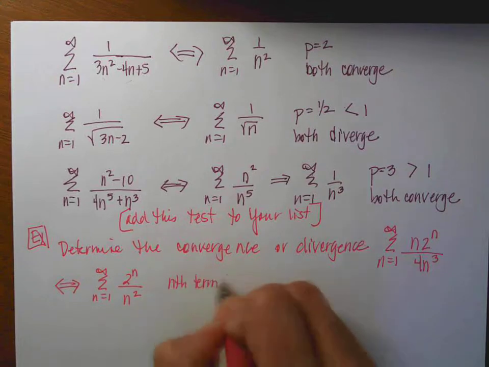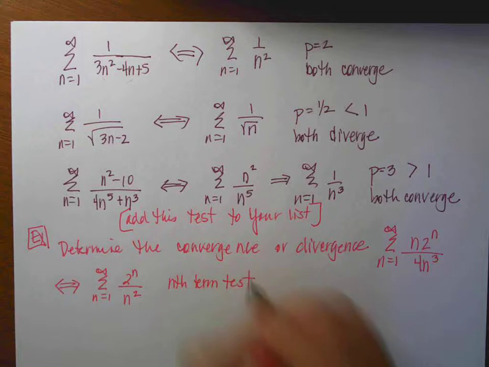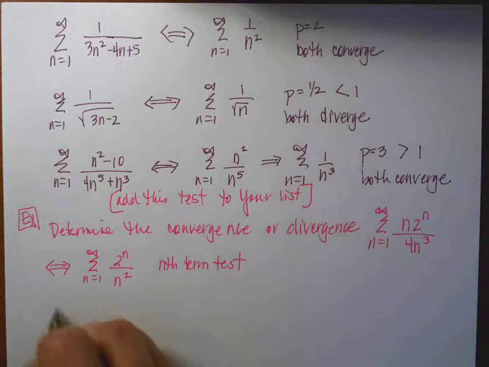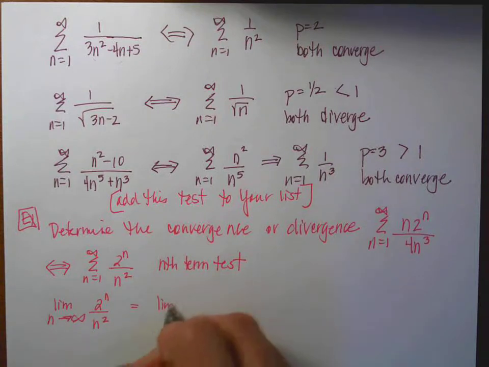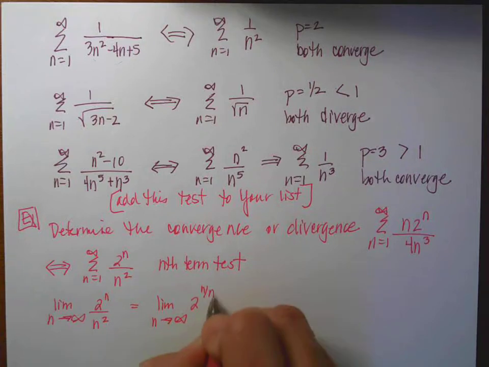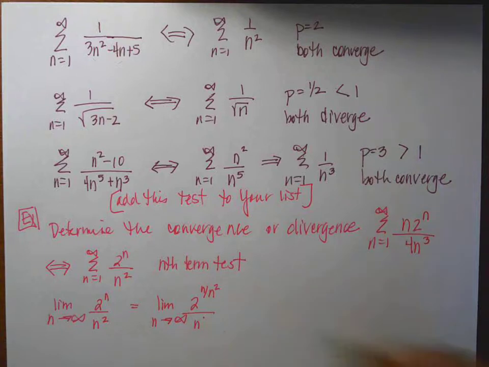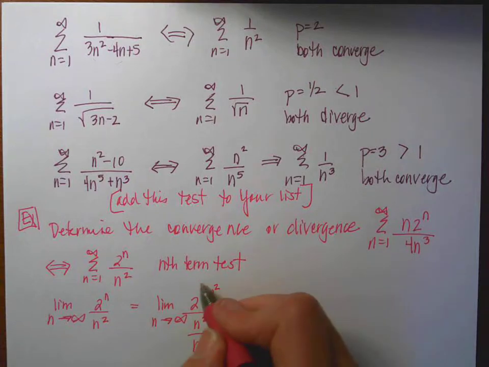And this is an nth term test situation, okay? So if I took the limit as n approaches infinity of 2 to the n over n squared, then this would be the limit of 2 to the n over n squared divided by n squared.